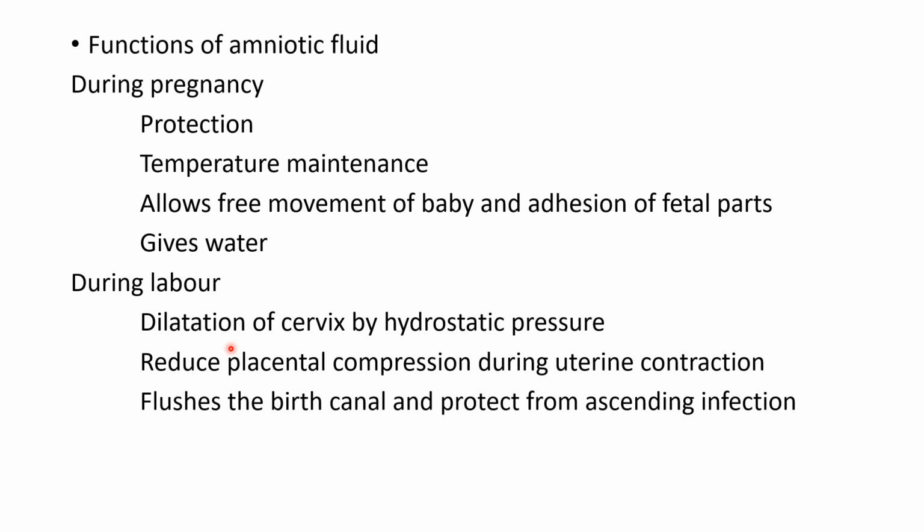But when it is inside the fluid medium, here we know that the placenta, umbilical cord, everything is inside the fluid medium. So when pressure is getting applied inside the uterine cavity, it will be equalized to all parts, and placental compression can be reduced to a certain extent, so that we can prevent fetal asphyxia and fetal distress.